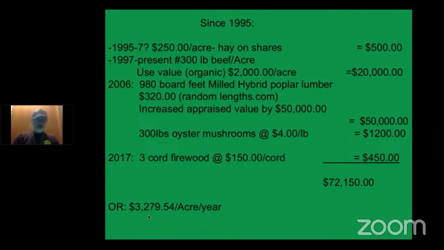Regular grazing land around here goes for around $3,000 an acre. Prime recreational land that has trees all over it, some timber, good wildlife habitat, will go for around $5,000 an acre. An additional gain that I've gotten by farming this way was the increased real estate value. I didn't even put that on this particular chart.